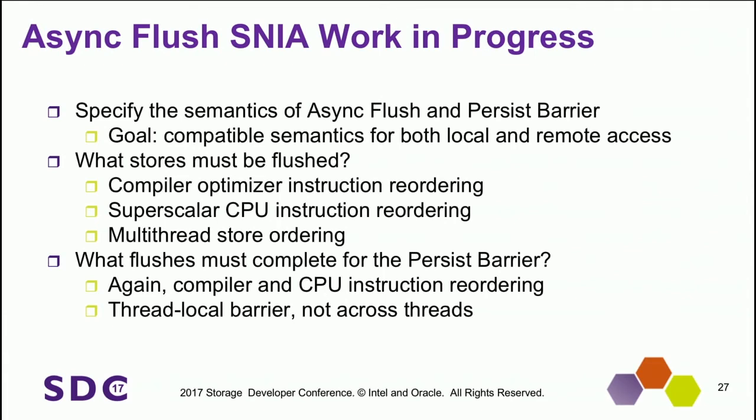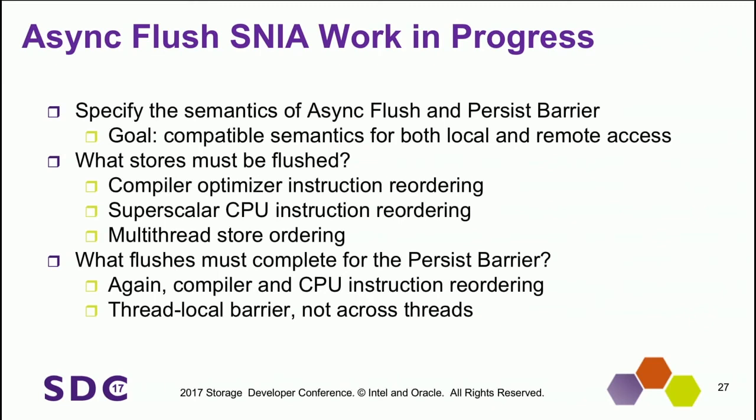So we need to specify the semantics of this asynchronous flush and this persist barrier operation. And our goal in doing that is to ensure that the semantics of them are compatible for both the local and the remote cases. We don't want you to have to use a different programming model depending on whether you're replicating or not. So examples of what we mean when we're talking about the semantics are questions like, for asynchronous flush, what stores have to be flushed?